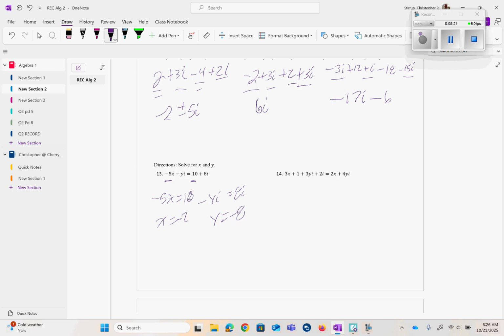On this one, it looks like we have some like terms to see, can we combine anything? Can't combine anything. So we're trying to solve for x and y. So I get 3x plus 1 equals 2x. Subtract 3x from both sides, so I get negative x, so x equals -1. And I'm going to take this part, set it equal to each other, so I get 3yi equals 4yi.